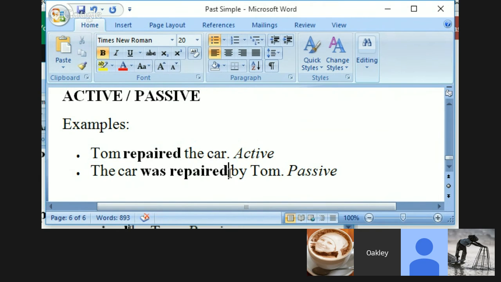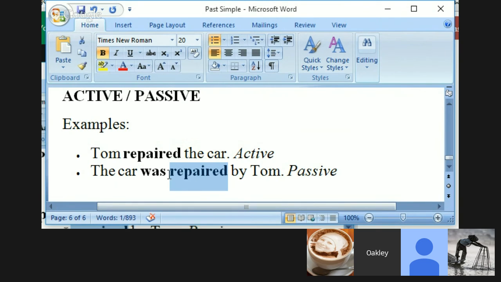As always, in the passive form, the main verb, here repair, is going to be the past participle. In all passive sentences, the main verb will be the past participle.